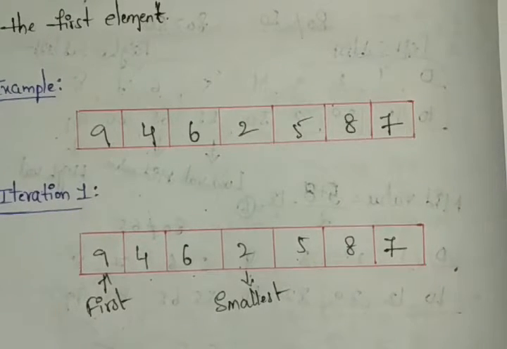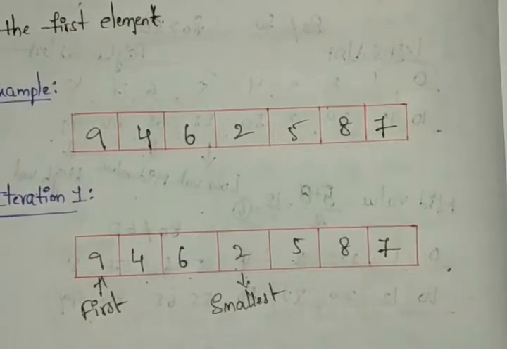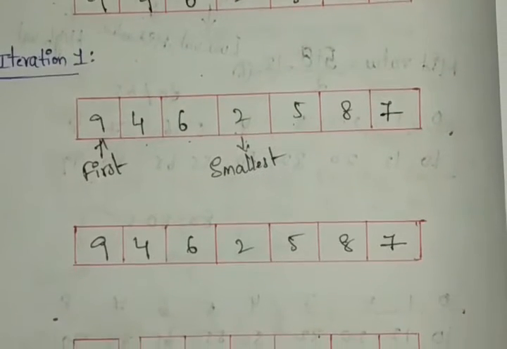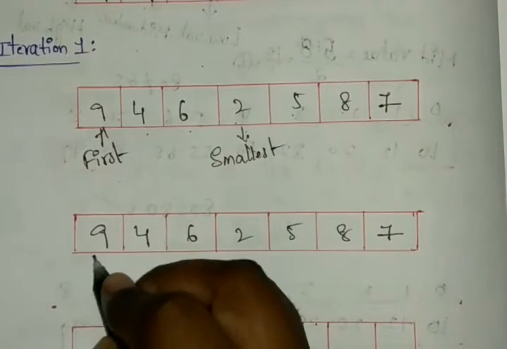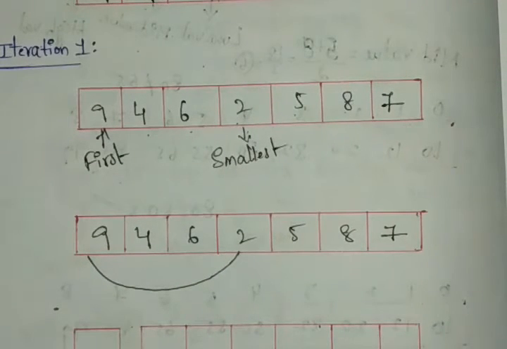Okay. So again write the values you have in the list. After writing these values, do the swap. So here 2 comes to the position of 9, and 9 goes to the position of 2.